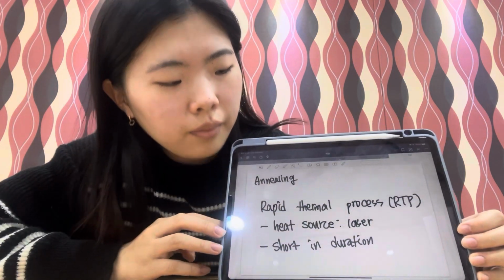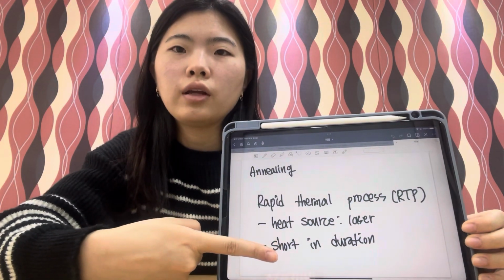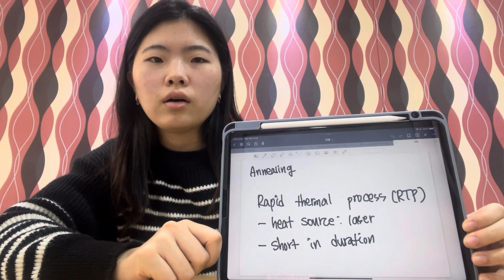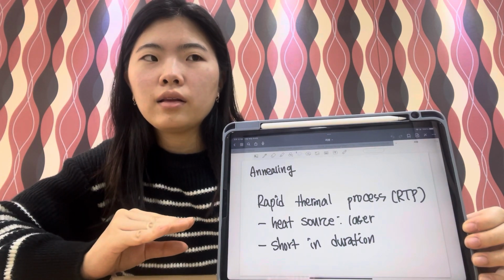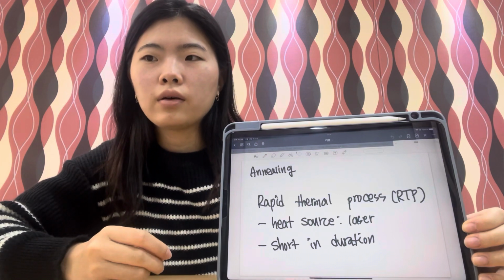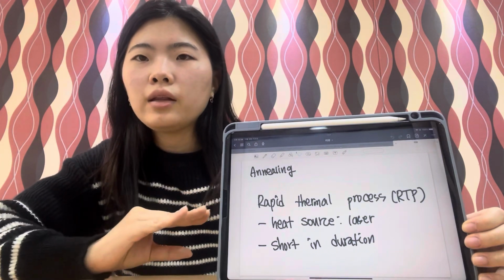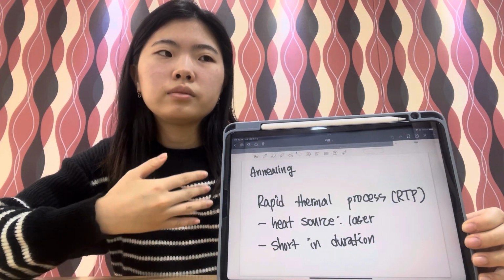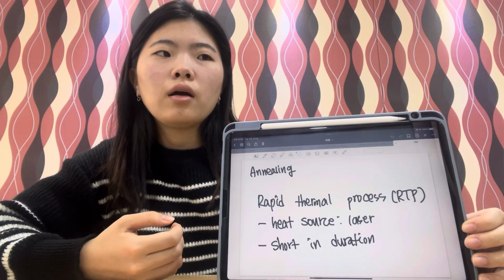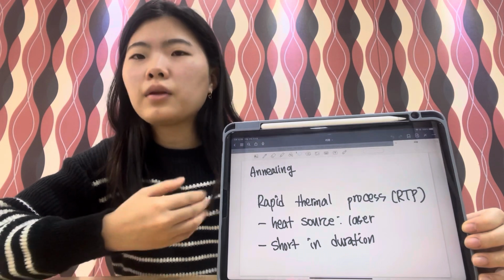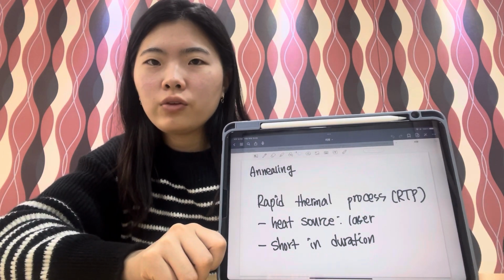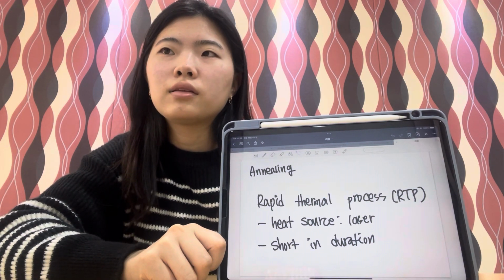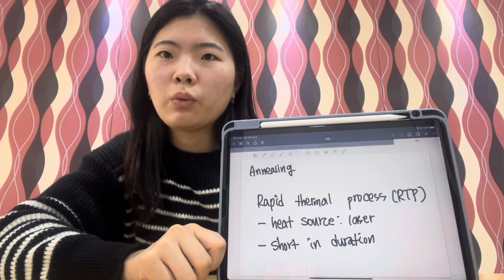Short duration is very important to annealing, because remaining heat can cause many problems. The remaining heat can cause more diffusion or something else, and more diffusion is not the situation we want.